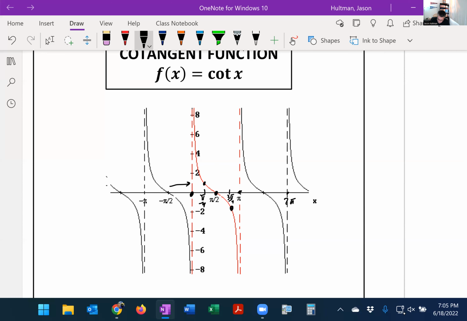The 0 is an asymptote, the pi over 4 gives me a 1, the pi over 2 gives me a 0, the 3 pi over 4 gives me a negative 1, and the pi gives me an asymptote. So those are the reference values for the tangent and cotangent function.